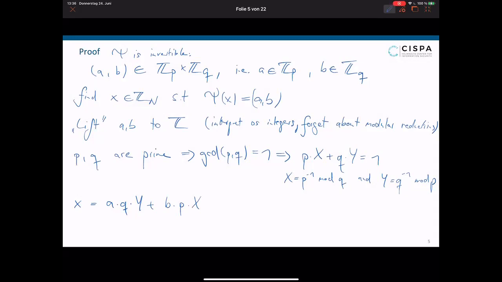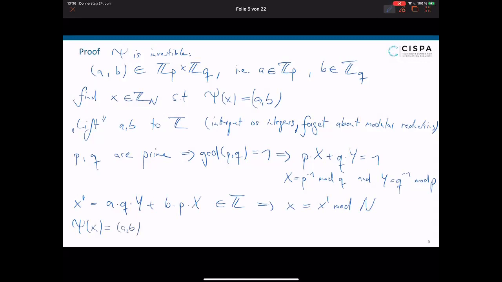That's what I'm computing in, well, let's call it x prime in Z, and I'm just setting x equal to x prime modulo n.